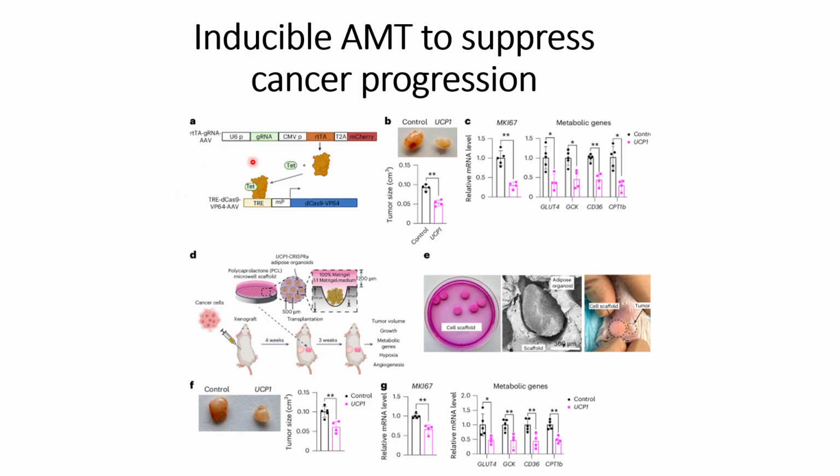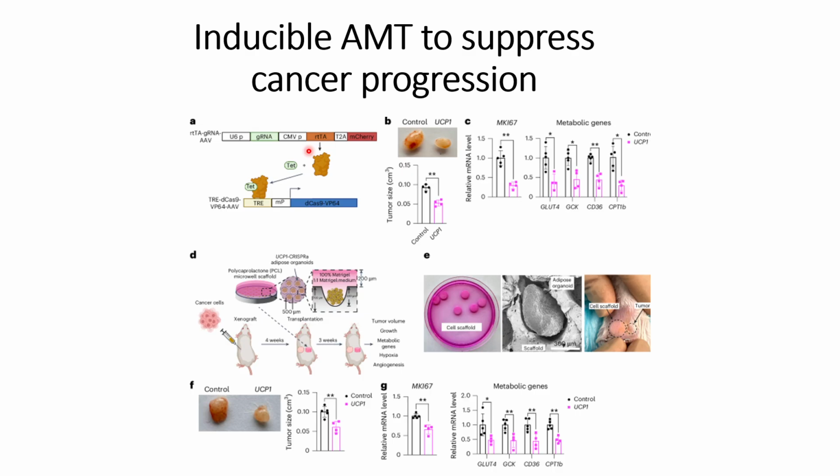So what will happen when these two AAVs are transfected into the cells and the doxycycline is introduced? Because of the doxycycline introduction, this will get translated and it will interact with this doxycycline, or we can say this tetracycline, and it will then cause the translation of this TRE DCAS9 VP64 AAV.